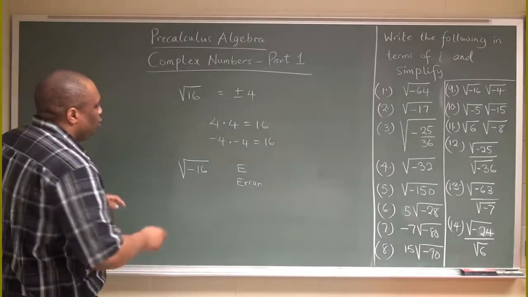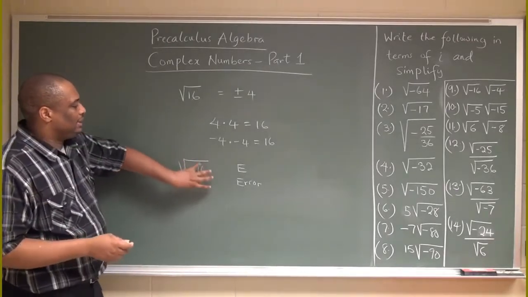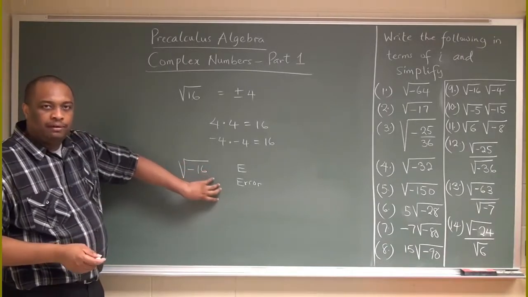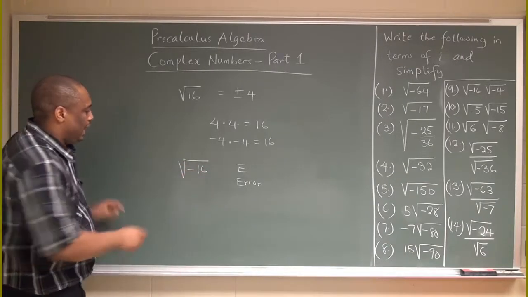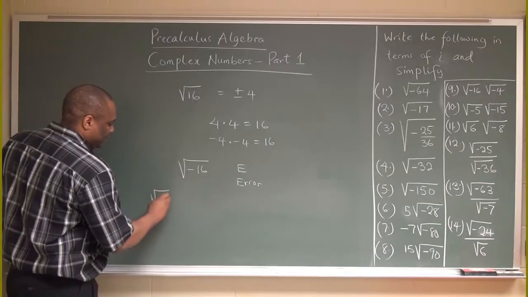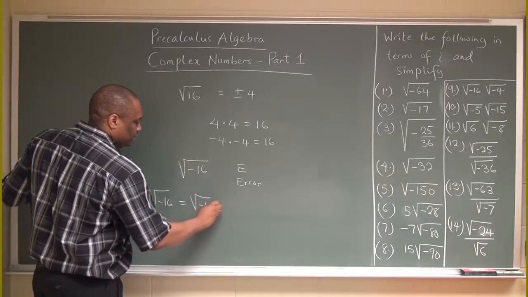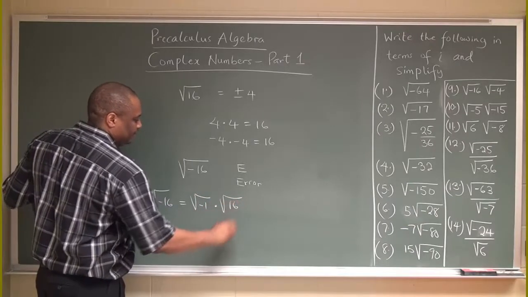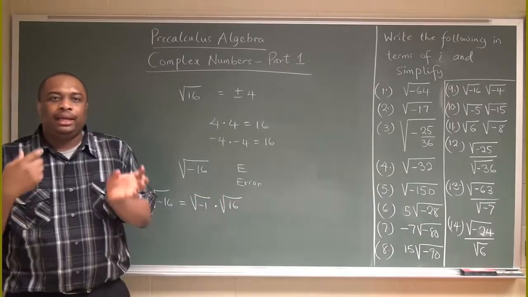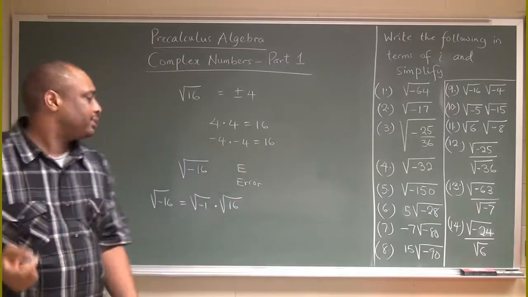Now we can solve this to mean that square root of negative 16 is square root of negative 1 times square root of 16, when we apply the law of radicals.